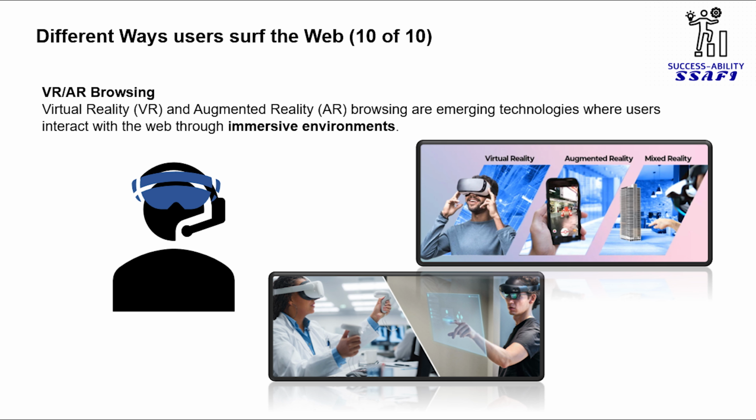The key features of virtual reality. Number one, head-mounted displays. Devices like HTC Vive and PlayStation VR are worn over the eyes and display a 3D environment. They're blocking out the real world and replacing it with the virtual space. Number two, motion tracking.